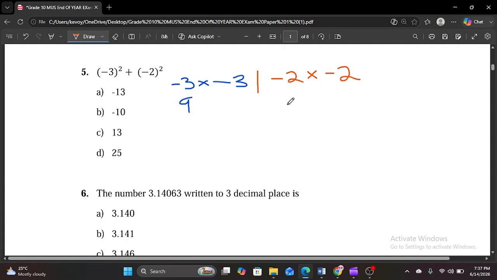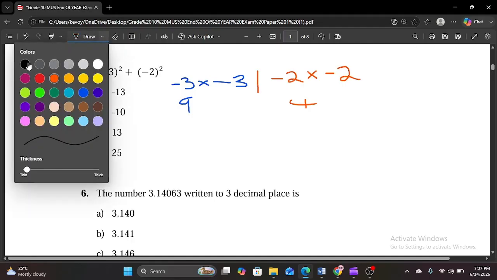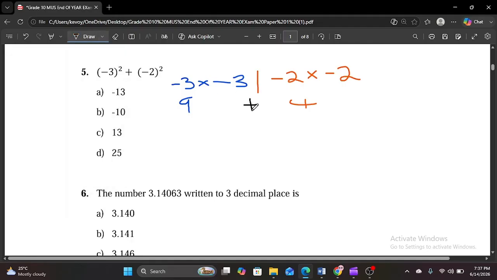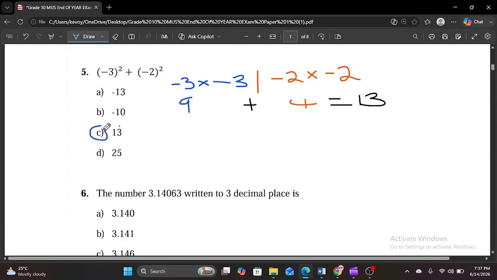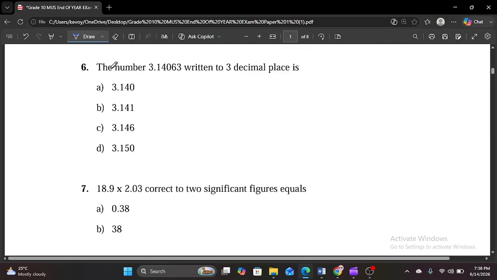That should give you +4. So if we add them together, that should be equal to +13. All right, so that means that our answer is C. All right, moving right along.